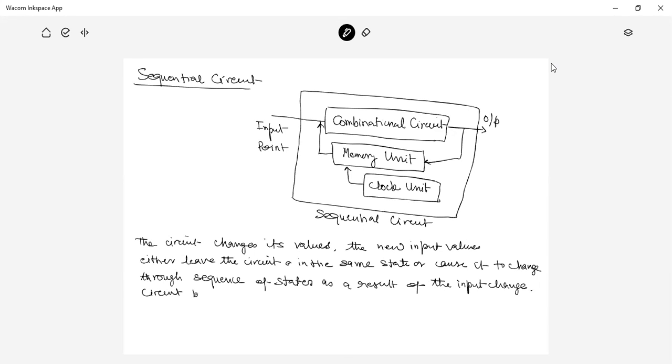A circuit behaving in this way is referred to as a sequential circuit.